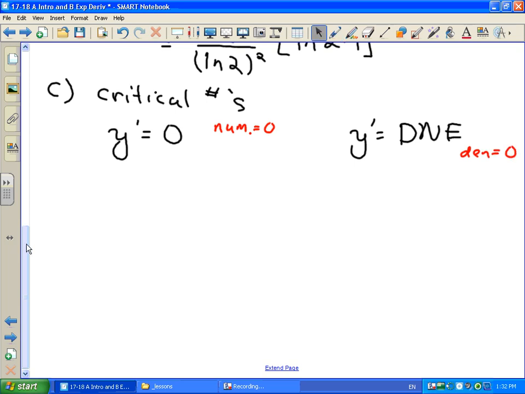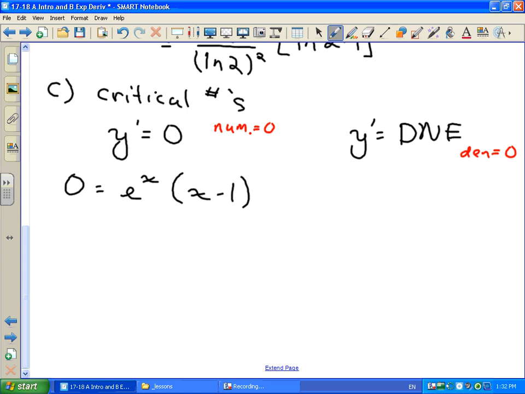So our numerator here, we'll set this equal to 0. Our numerator is e to the x times x minus 1. Okay? Because both of those are going to be divided by that x squared term.